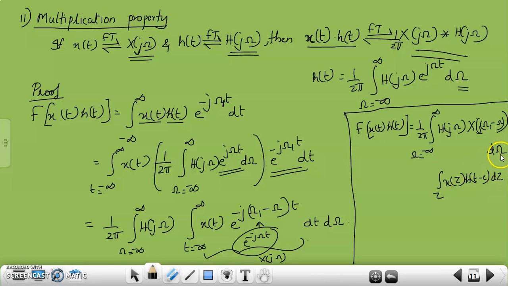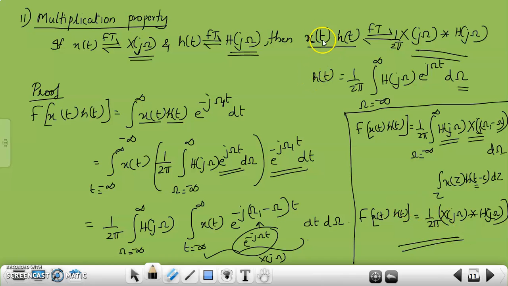Instead of tau you will have omega, and instead of t you will have omega 1. So I can write the Fourier transform of x of t into h of t as 1 by 2 pi times the convolution between X of j omega and H of j omega. Hence we have proved the multiplication property, which states that performing multiplication in the time domain is equivalent to performing convolution in the frequency domain. That is the multiplication property.